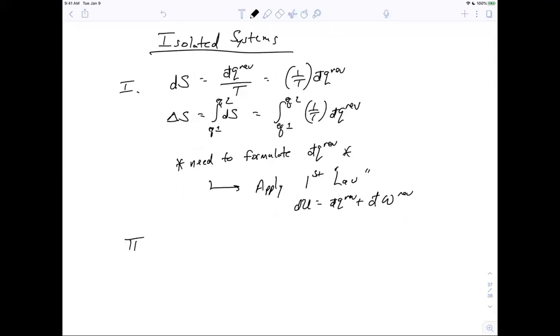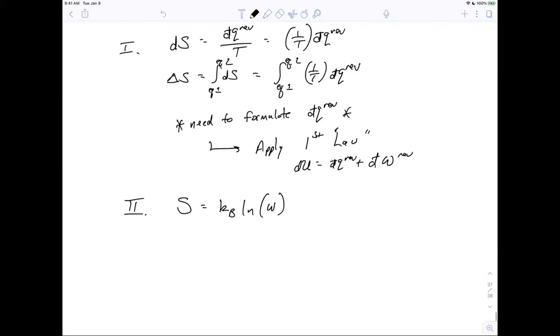Now, for the microscopic point of view, or if you have a view of matter as particles, something that is more than just a continuum, we found last class that entropy, S now, can be written as k Boltzmann times the log of something called W, and W is just something that I use.